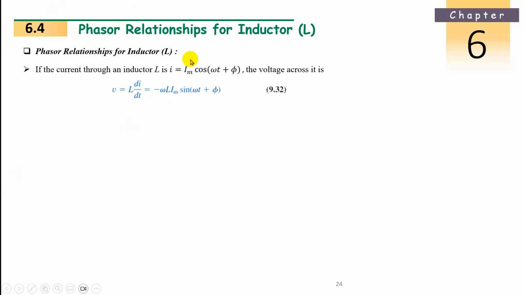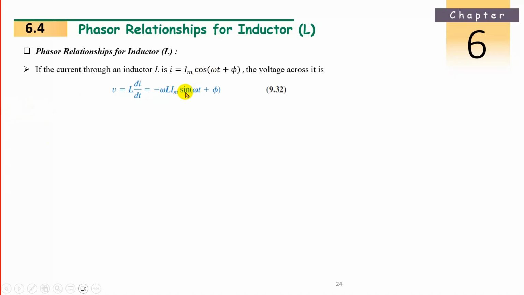Now I told you, whenever there is a sine term in the sinusoid format, we have to convert it into a cos term. Both voltage and current should be in the cosine, not in the sine. So convert this sine term into the cosine. How can we convert this sine into the cosine?